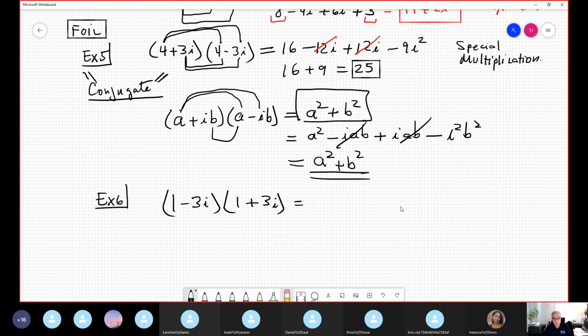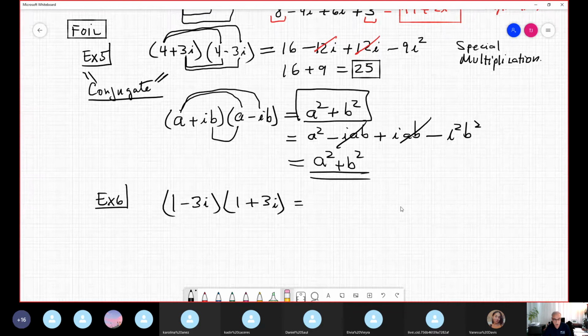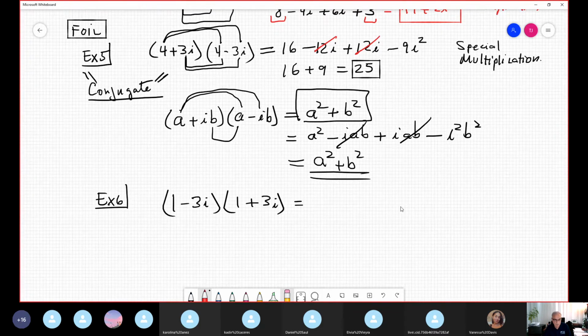Immediately I detect that this is the case the professor explained, where they are conjugates. The shortcut is you multiply first and first, second and second, because the professor proved to me that the inner and outer multiplication always cancels out. Look, inner and outer disappear.